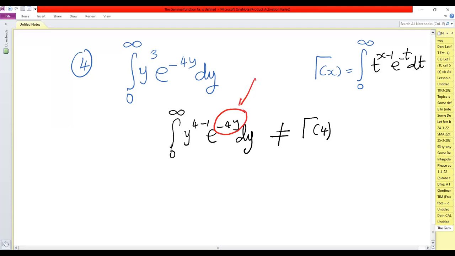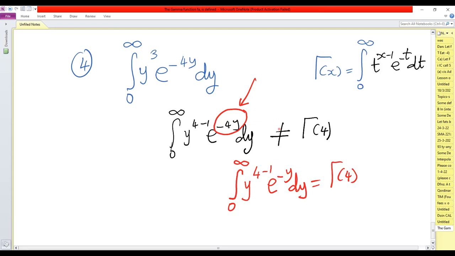For this to be gamma 4, we expect the integral to be of the form 0 to infinity y raised to power 4 minus 1, then e raised to power minus y dy. This is what gives gamma 4. But when this is the way the power is, then this is not true.